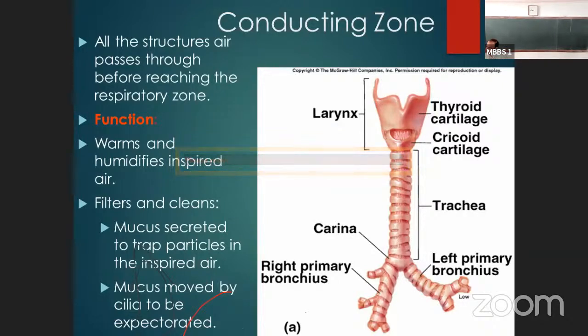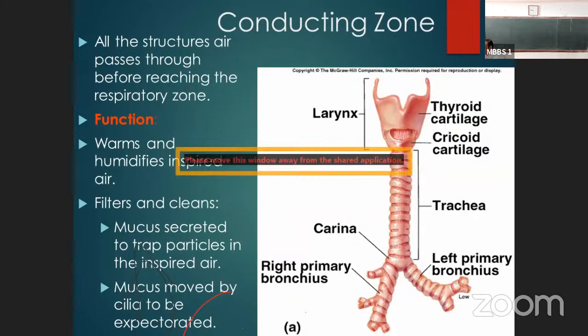That mucus secretion, with the help of the ciliary movements of the epithelial cells, will be propelled towards the pharynx. In the pharynx, it may go into the abdomen, into the GIT, or it may be removed by the sputum. Is it clear? So, in such a way, it will work.